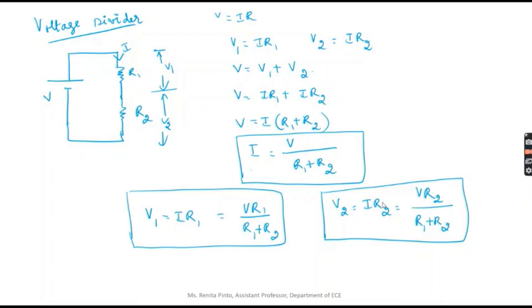Next, let me go through the next one, that is the current divider rule. So here let me take a parallel circuit. So you already know in a parallel circuit what happens.